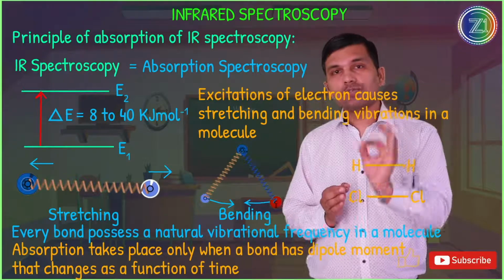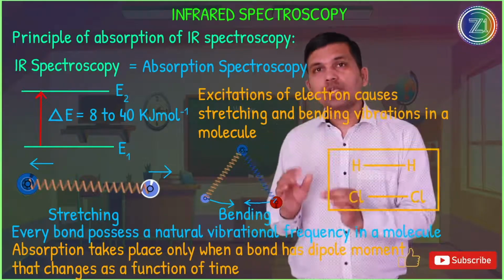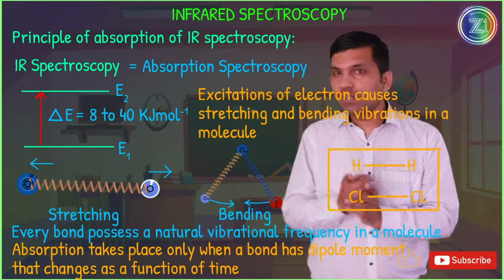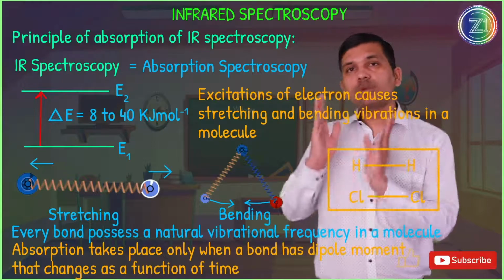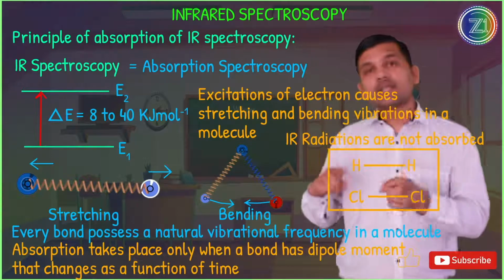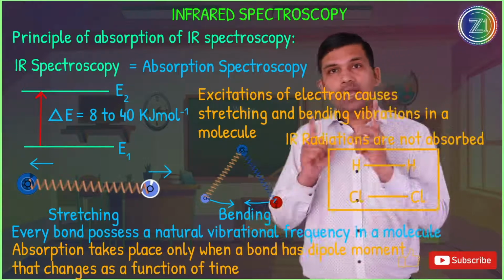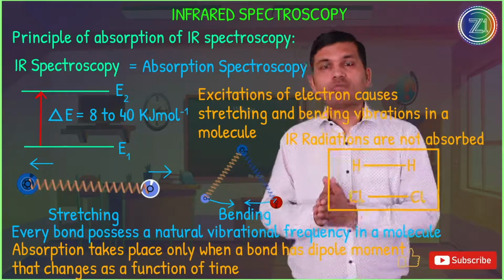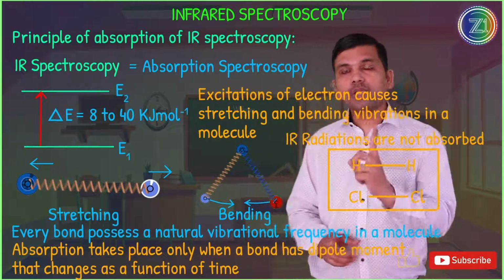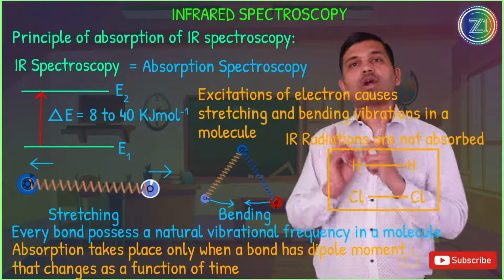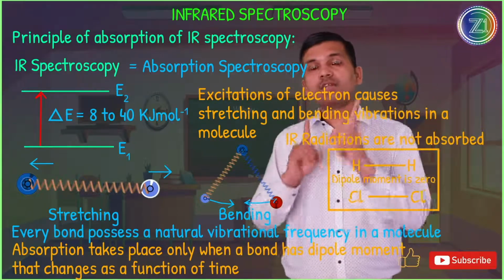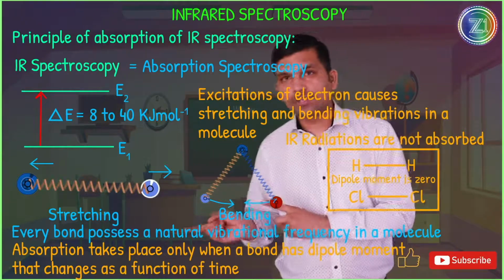That means if the bonds inside the molecules are non-polar and I supply the radiation, there should not be absorption of radiation in the IR region. And we see here that there is no absorption of radiation. That means molecules which are not polar will not absorb the IR radiations.